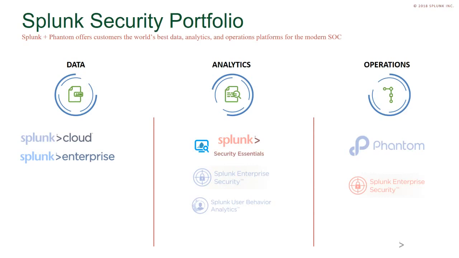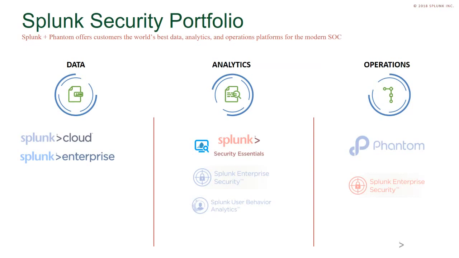And UBA is another module on top of Enterprise Security for user behavior analytics. The licensing works differently for all those teams. Only Splunk Security Essentials is a free product.